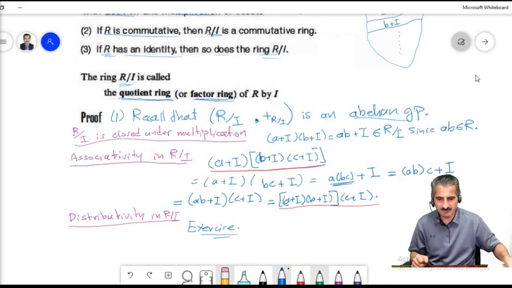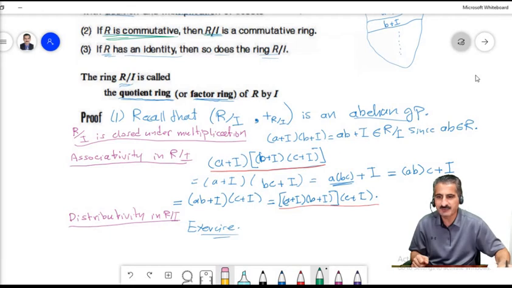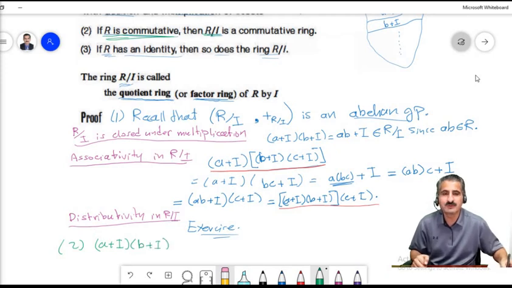Now what's left to prove in this theorem? Above there it says if R is commutative, then R over I is commutative. Is that correct? So I will play with the proof somewhere. Okay, so let me do it here. It means a plus I times b plus I. We want to show it equals b plus I times a plus I. So we change the positions of the cosets.